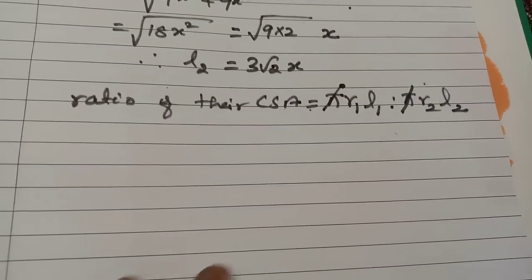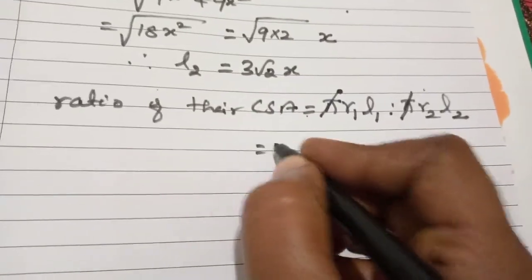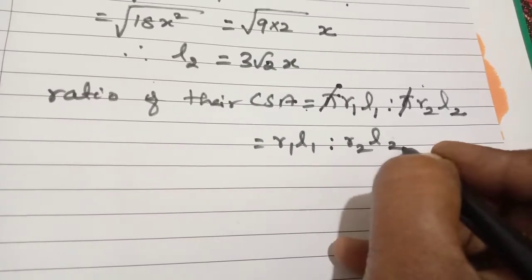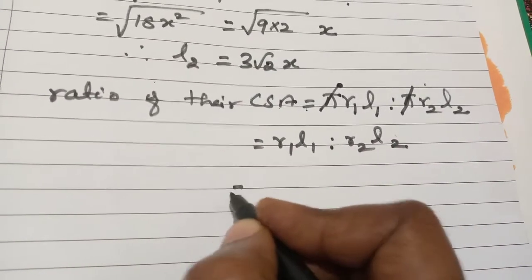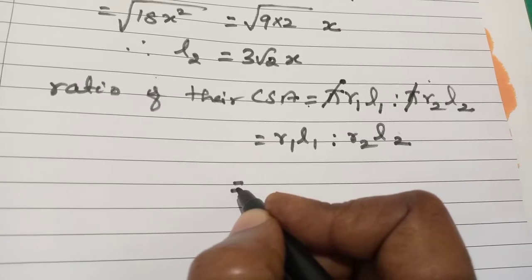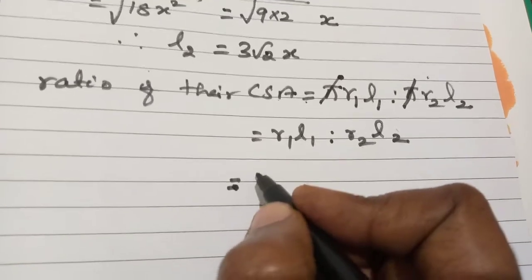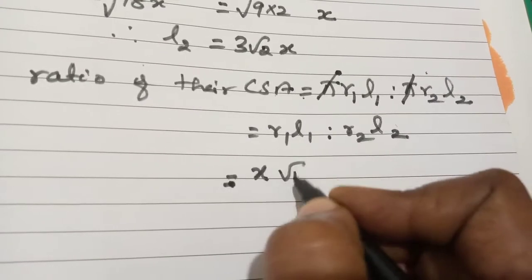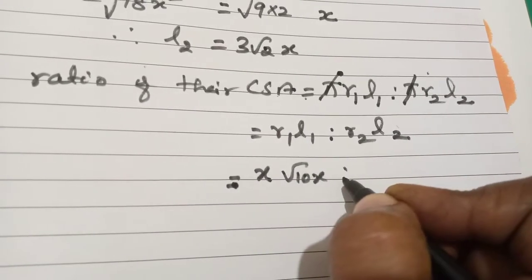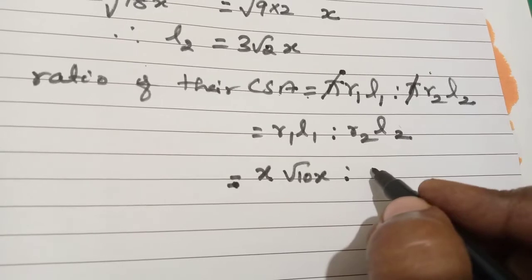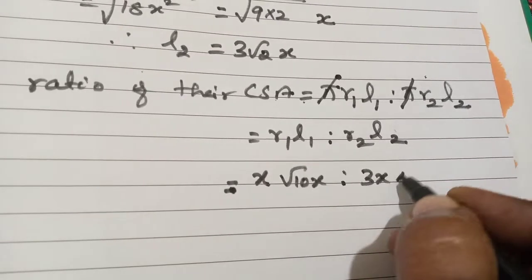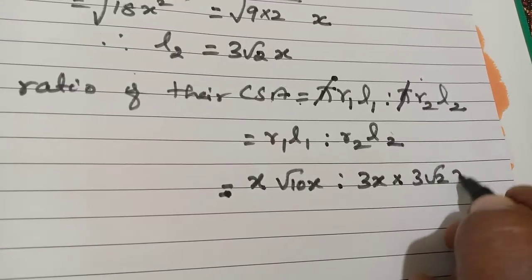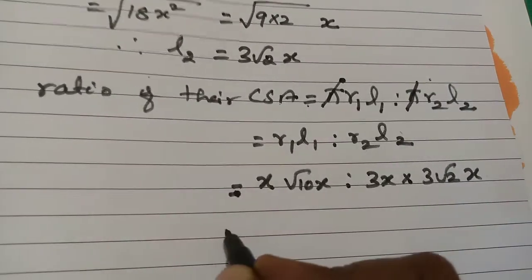Remaining R1 L1 is to R2 L2. What is R1? x. L1 is root 10 into x is to, what is R2? 3x into, what is L2? 3 root 2 x.